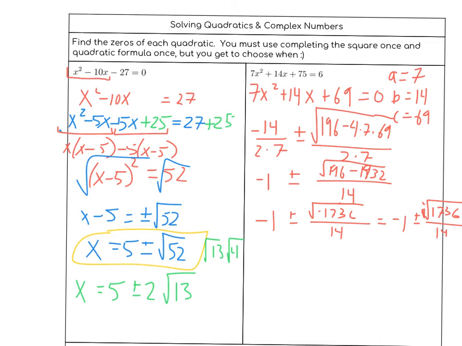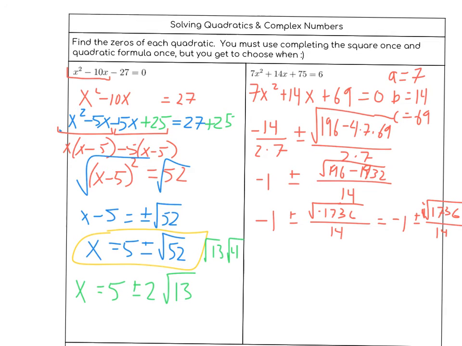So 1736, if I divide it by 4, we end up at 434. We could divide by 4 again. And it doesn't come out that way. So I'm fine with us leaving this as 1736 over 14 with an i attached.